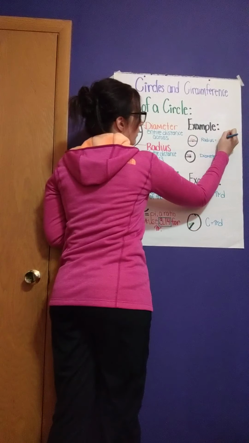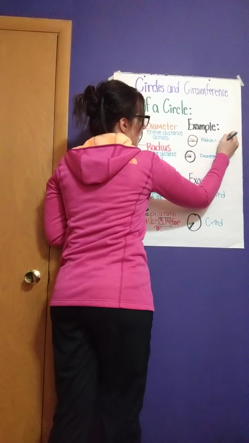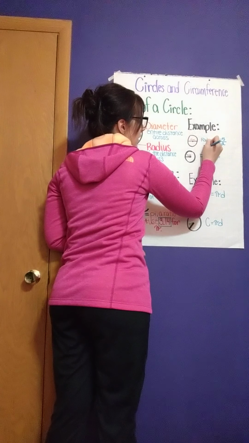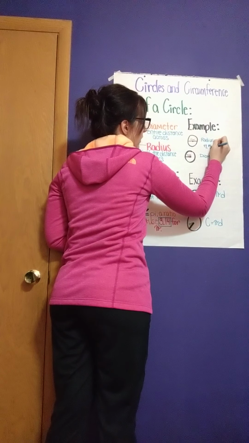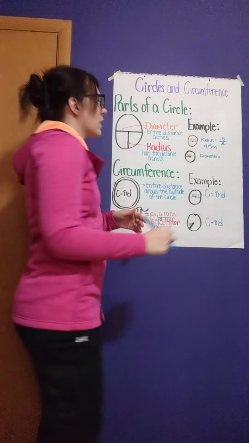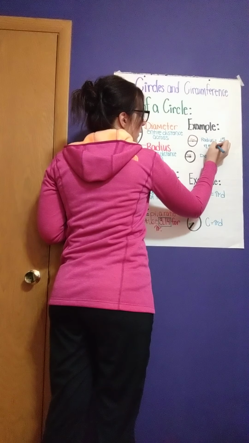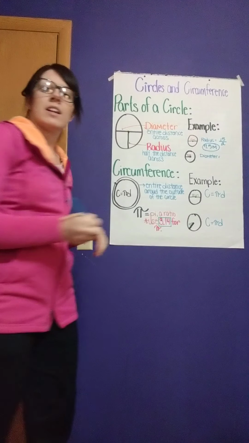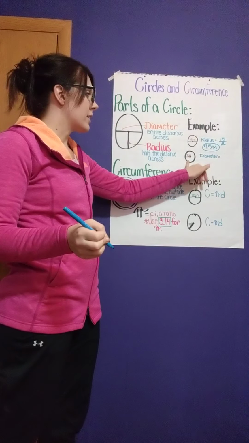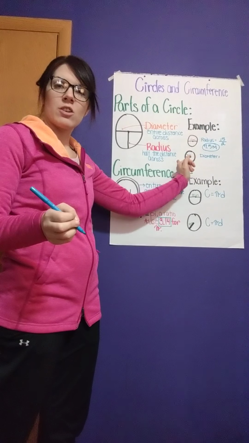So I would take 15 and divide by 2. And so that would give me 7 and 5/10, and this happens to be meters for my radius, because again, my radius is half of that diameter.